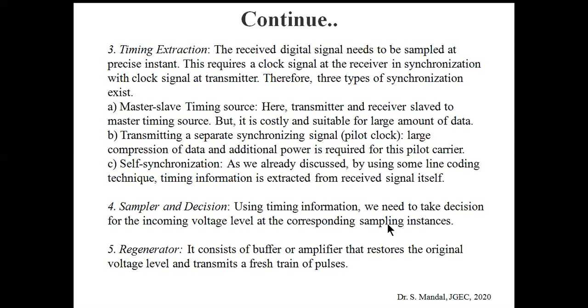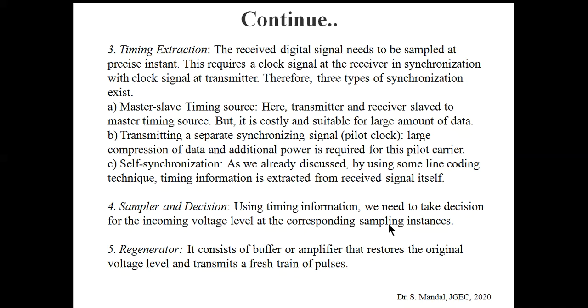The second process is to transmit a separate synchronizing signal. That means you can send a separate signal called the pilot clock, which can be used for extraction of the timing information without using the incoming line coded data.